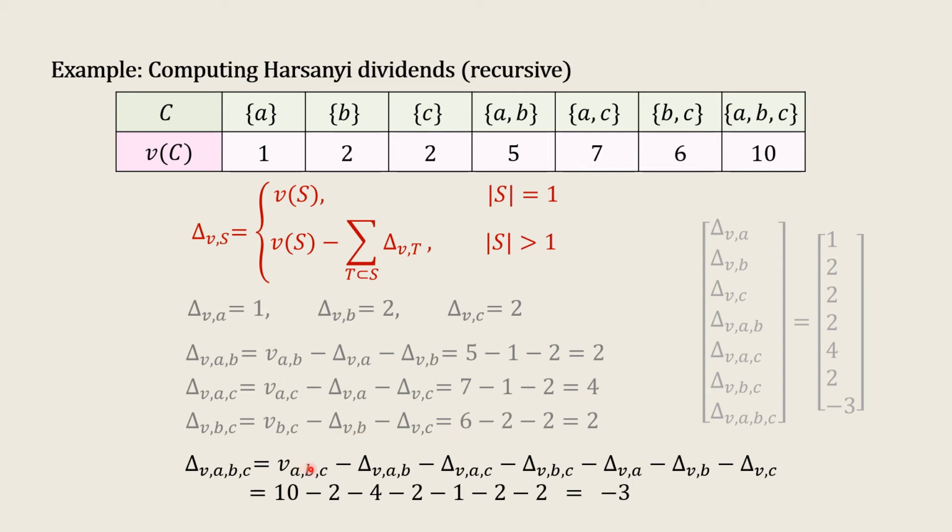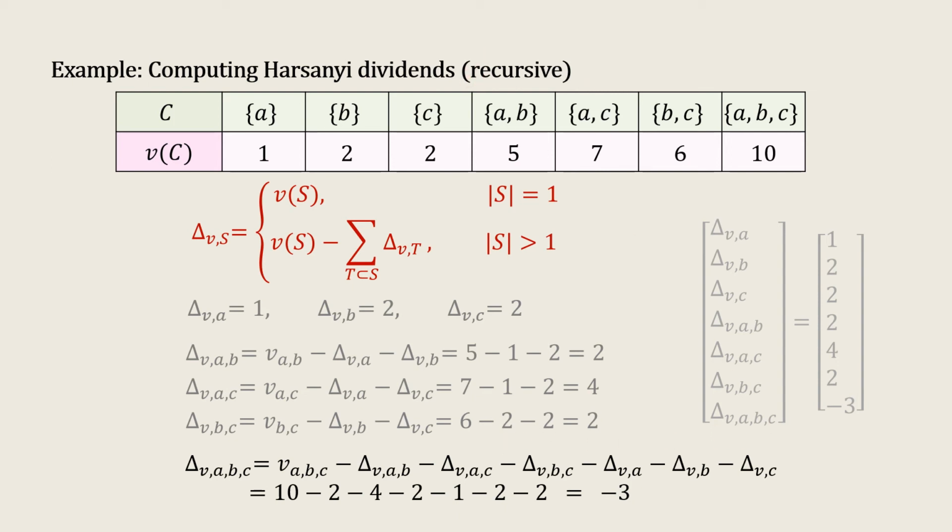Plugging in the numerical values, we get V of ABC is 10, and negative delta AB, delta AB is 2, delta AC is 4, delta BC is 2, and we have the values of delta A, delta B, and delta C here. So we get negative 3. This is negative 3. So we have verified that the recursive expression works.